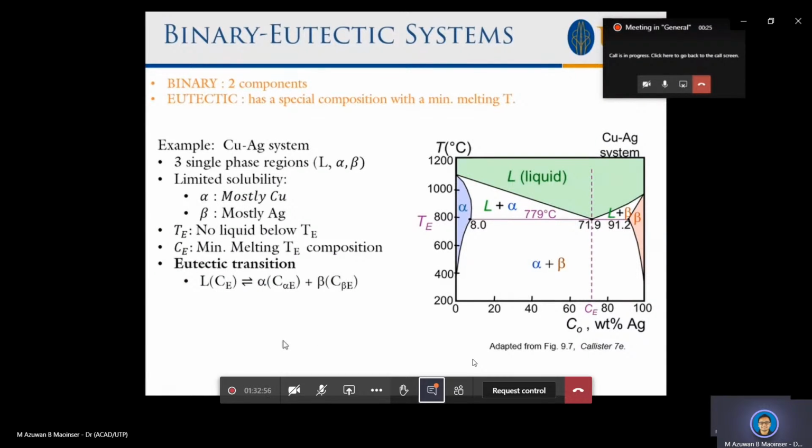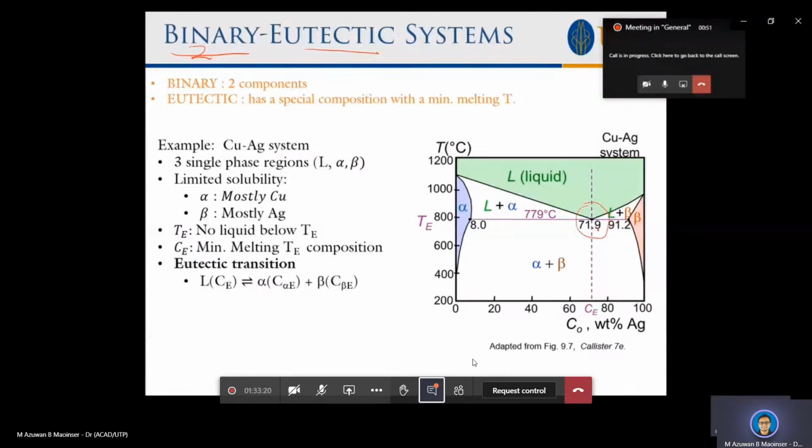We continue our phase diagram discussion, and now we are dealing with the binary eutectic system. So you should know now what is meant by binary. That means I have a 2-component system, and eutectic is when I have a point where it is easily melted.